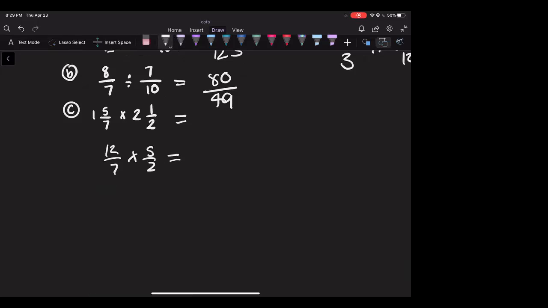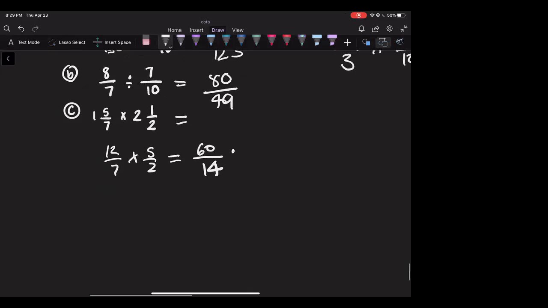I got 60 over 14. Can you simplify that? Yes. You can't simplify that. And that's your final answer, right? Yeah. Good job. You got them all right, other than the first one. But if you were dividing, you would have gotten it right either way.